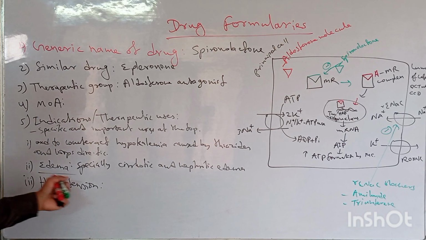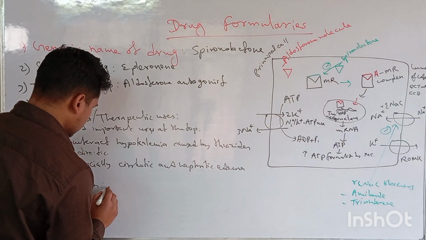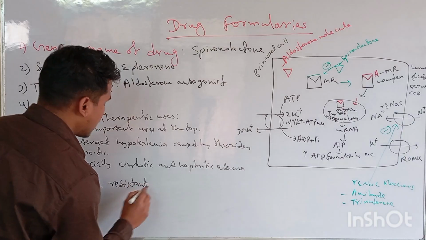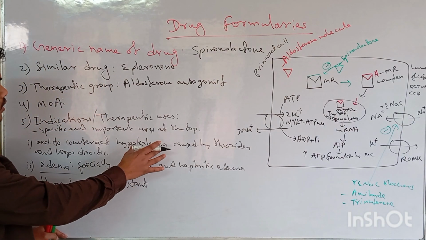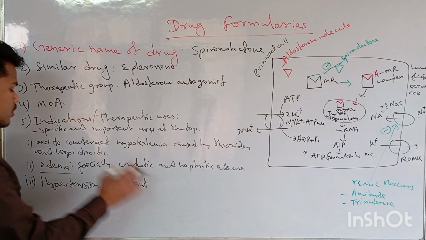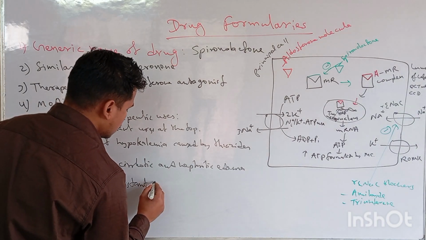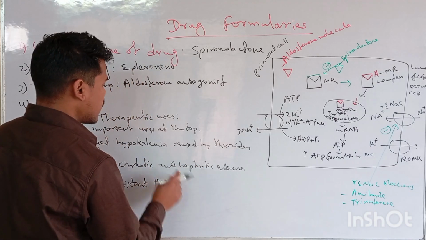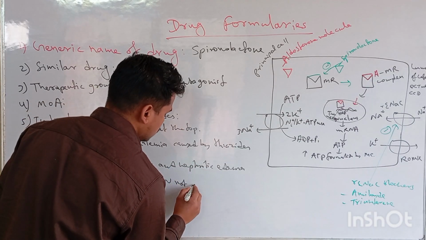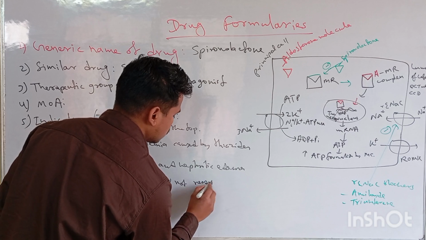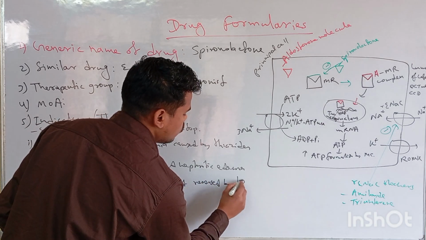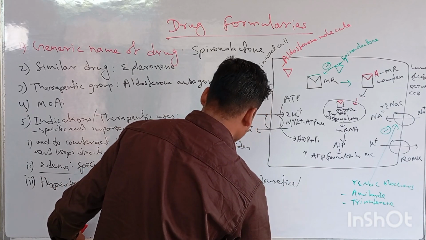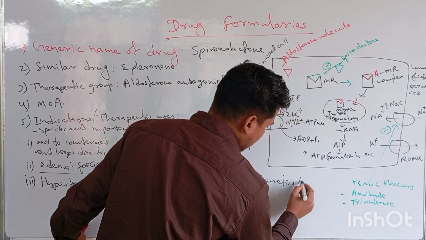In hypertension, specifically resistant hypertension, it is normally used concurrently with thiazides or loop diuretics, or in case of resistant hypertension that is not reversed by thiazides or loop diuretics or thiazides alone.